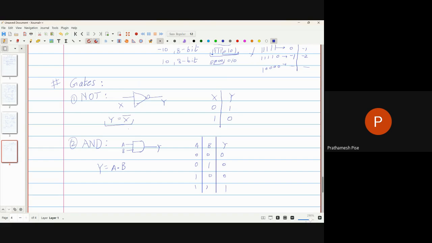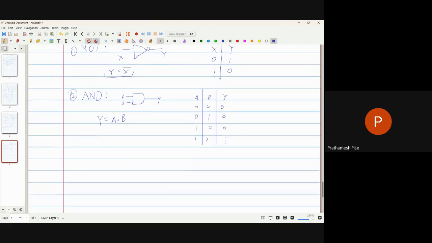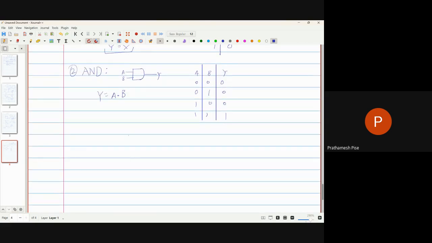Now let's do the next gate, which is the OR gate. What is an OR gate? It does summation of the two or n inputs that we provide to the gate.